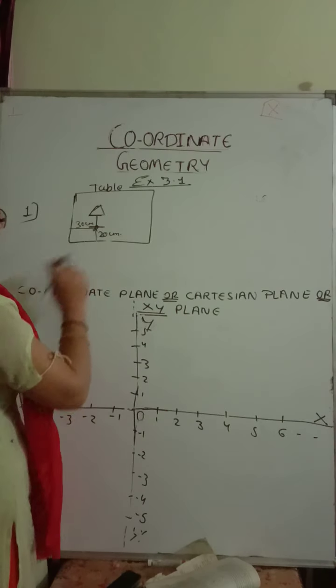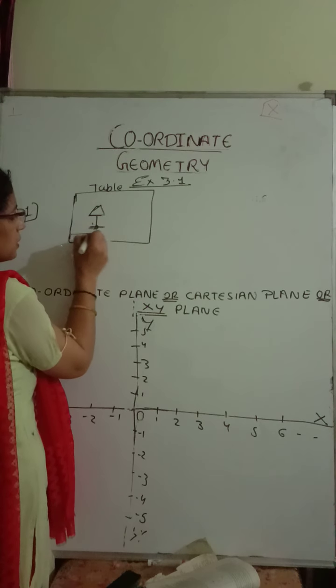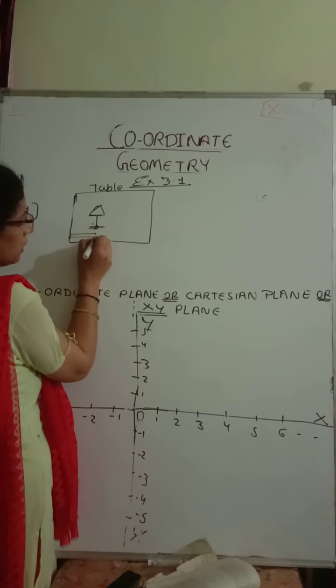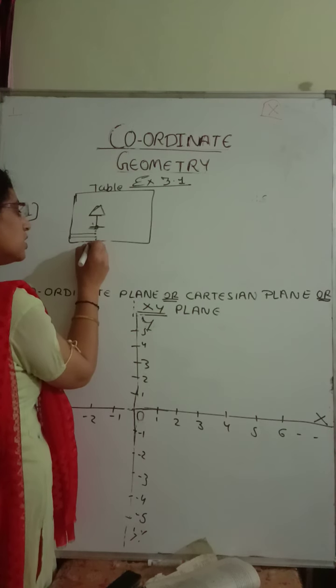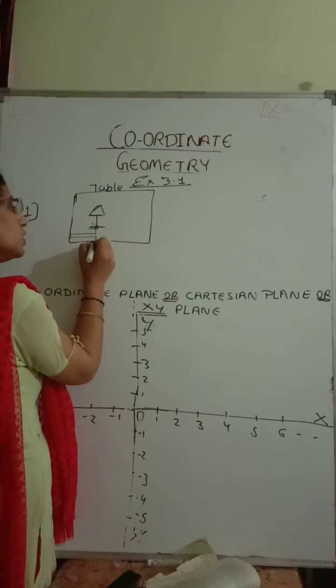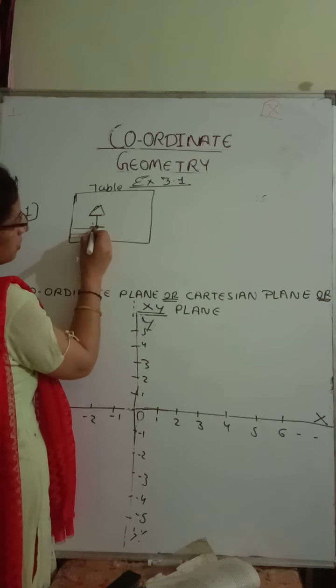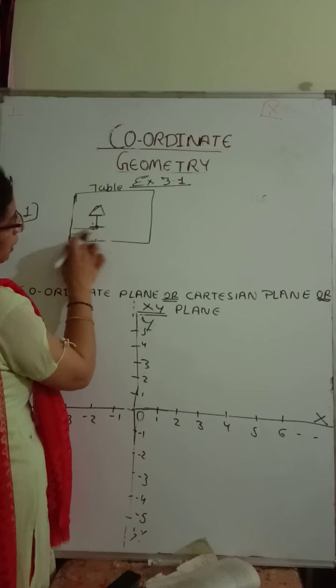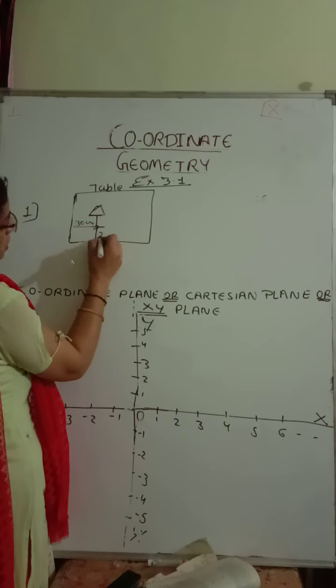One piece of information says from the left it is 30 centimeter away, so it can be here also, it can be here also. But when I say from the bottom it is 20 centimeter away, you will reach 20 centimeter here. So 30 centimeter and 20 centimeter, you will get exactly this point.